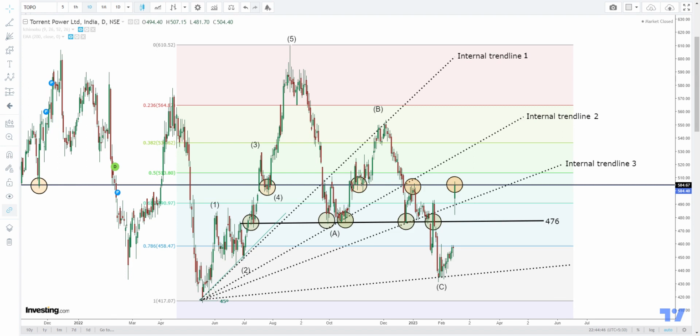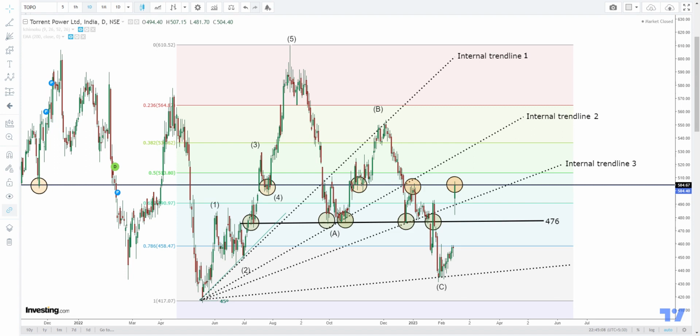Now the significance of internal trend line 2 is that it is getting formed above the 50% of the Fibonacci sequence. So I will again explain another significance of internal trend line 2 when I discuss the Gann fan and Gann angle. So now we are discussing the internal trend lines and the Fibonacci.